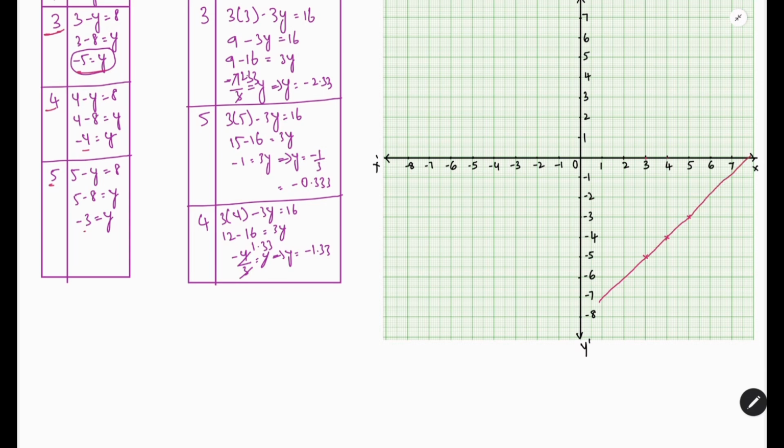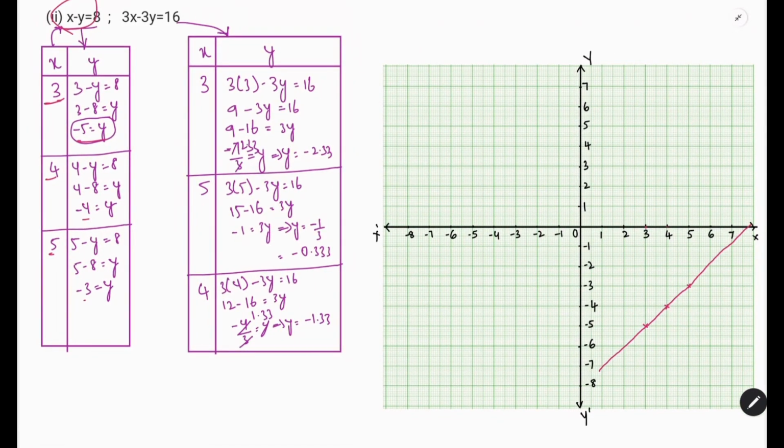Okay. Now we will represent this second equation values. If x is 3, y is minus 2.33. See, x is 3 and y is minus 2.33 here.